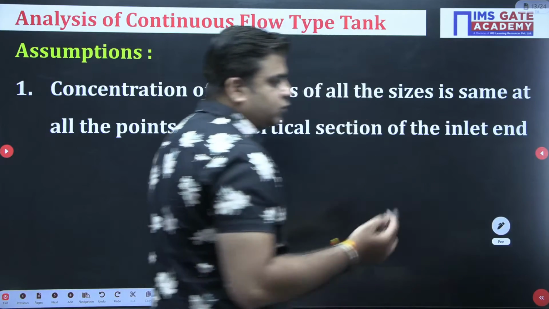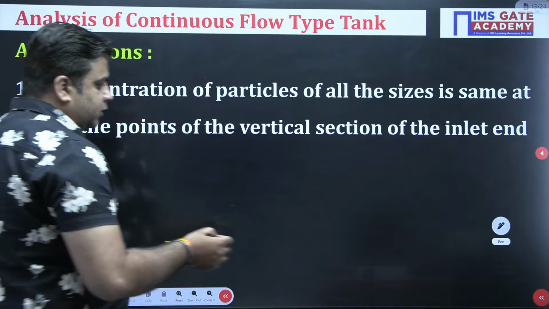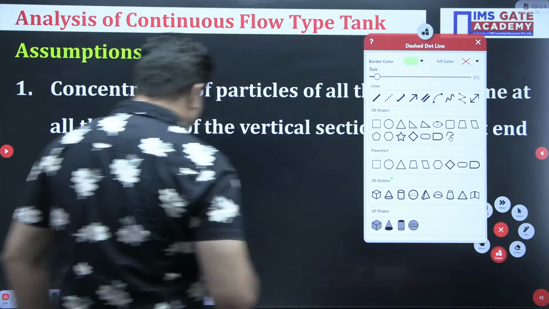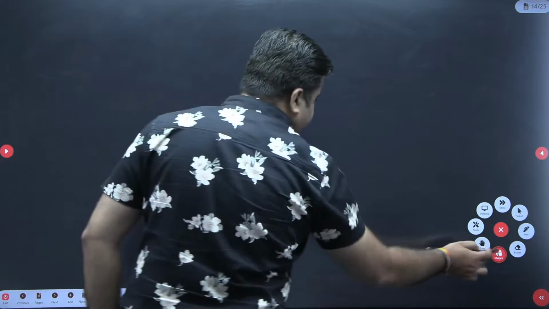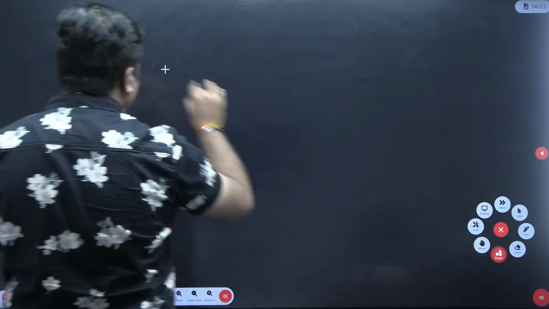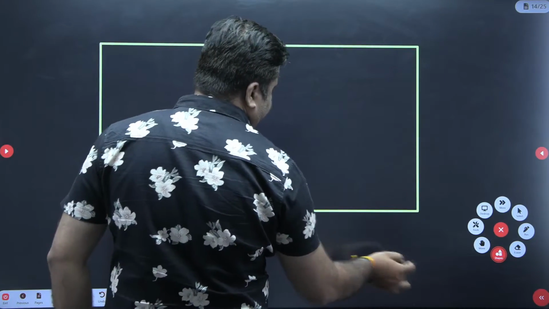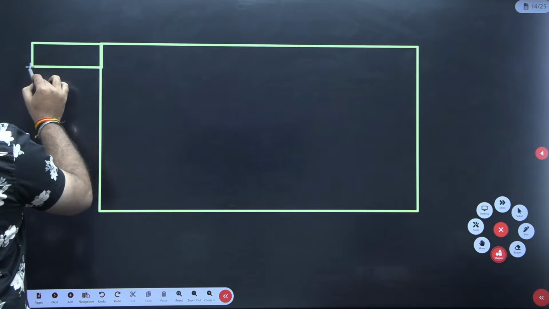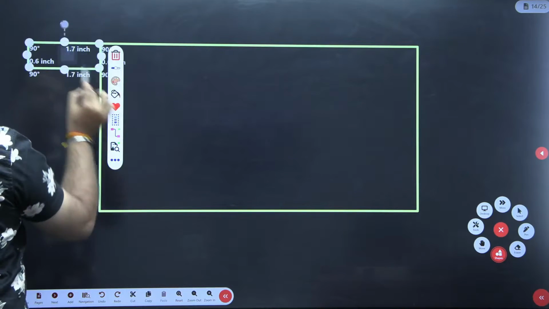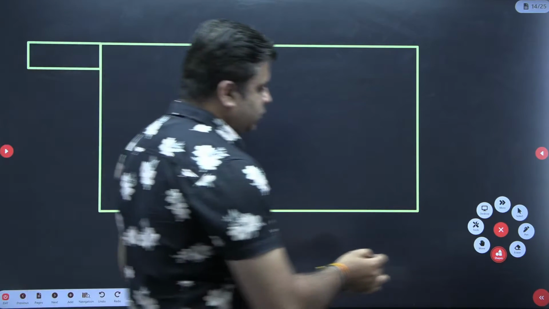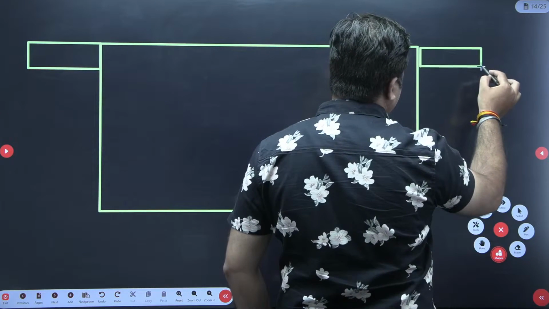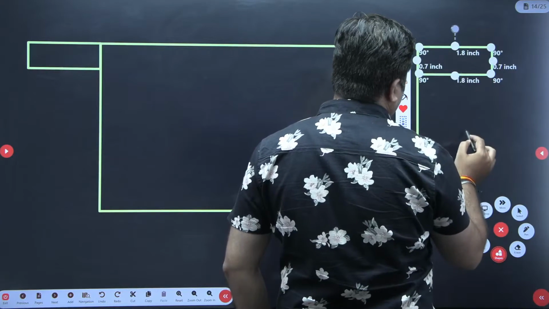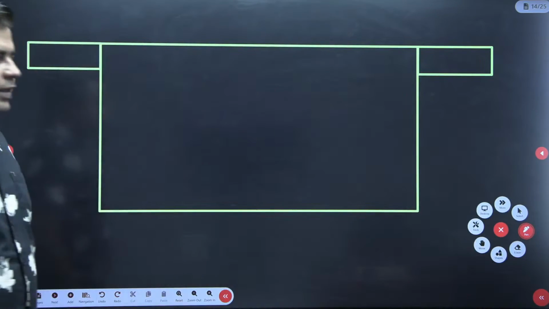Now here most of the students have confusion. The reason is what they read and what they imagine in their mind is this. I'll draw it in the next slide. Usually this is taught to them. Just see the visualization, right?